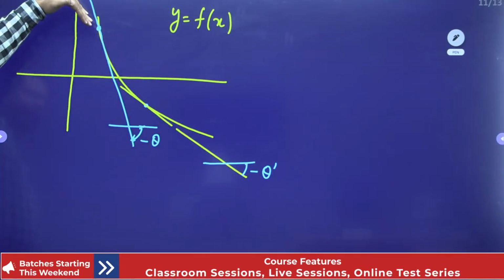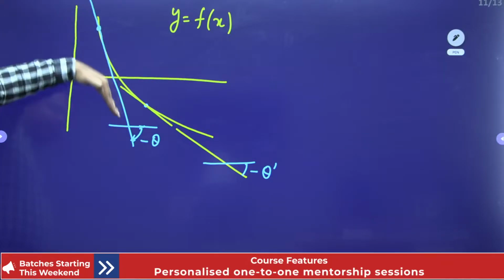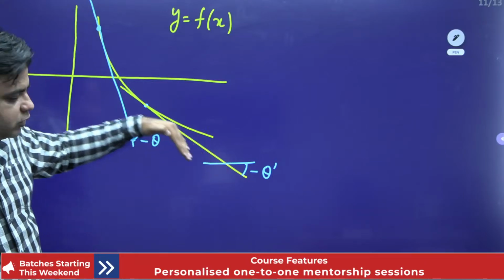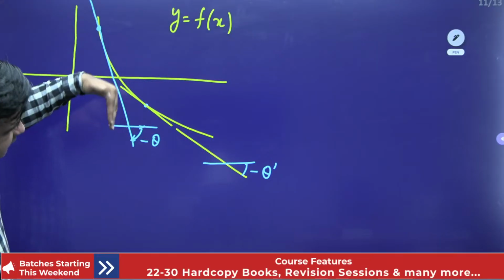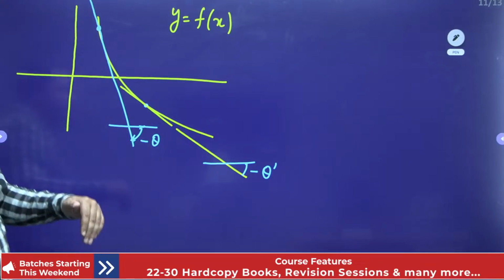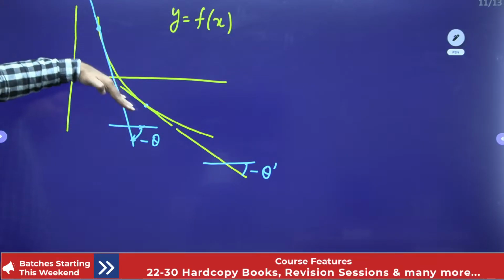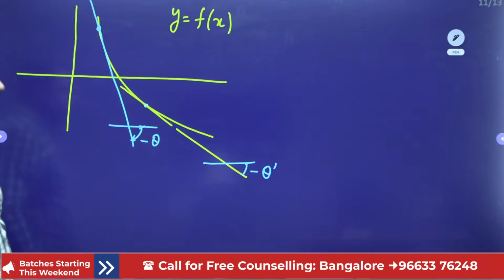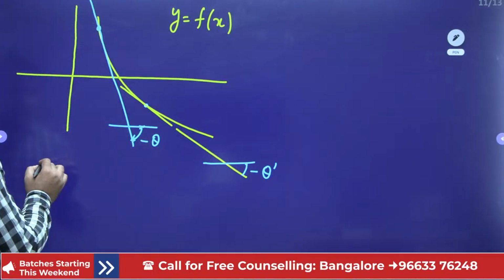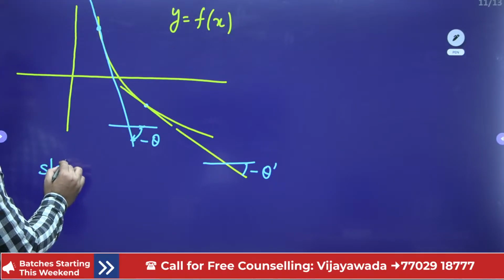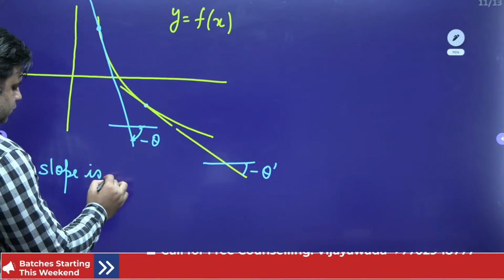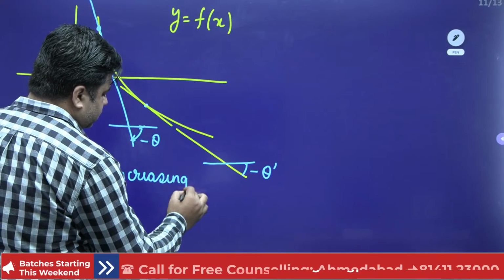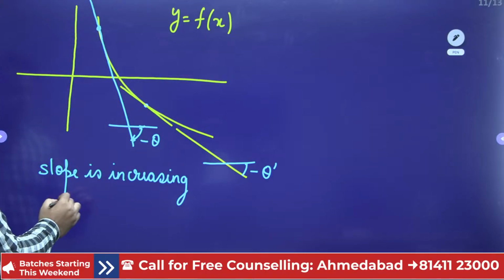We can clearly identify that minus theta is less than minus theta dash. So the slope is increasing from minus theta to minus theta dash. So for this curve, the slope is increasing from minus theta to minus theta dash.